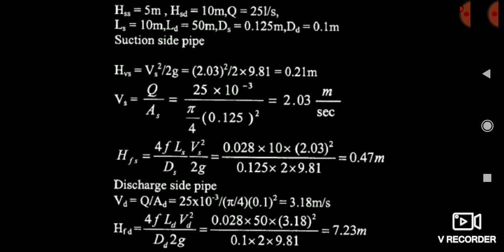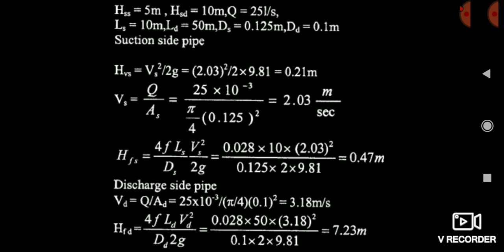So you will calculate the area and then the suction velocity, that is discharge by area, pi by 4 d square, that is 2.03 meter per second, and the head due to suction is equal to V square by 2g. So you simply put the values and you will get the suction head, that is 0.21.